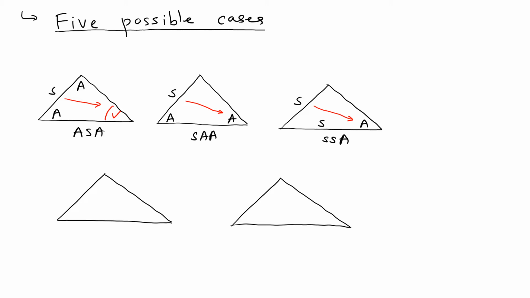So in these three cases, that's why they are important: there is a side-angle pair, or we can make one.